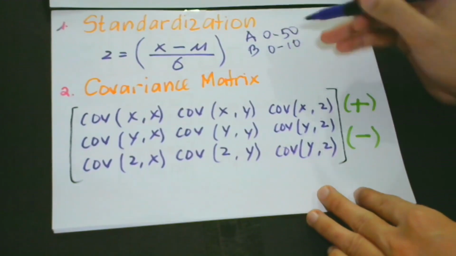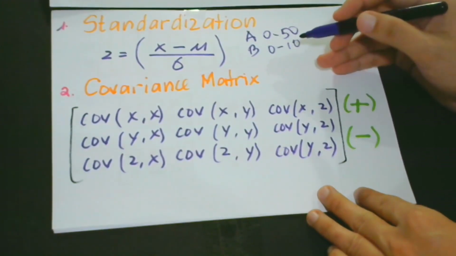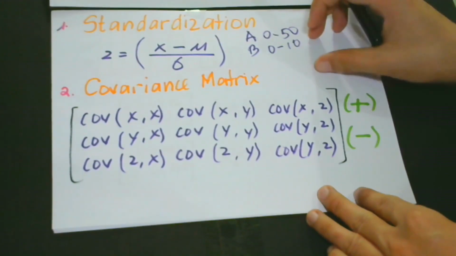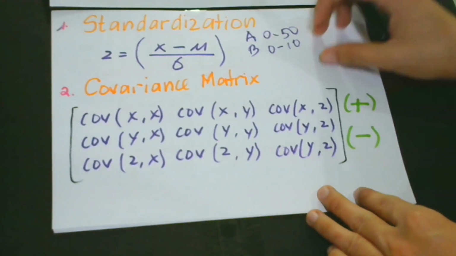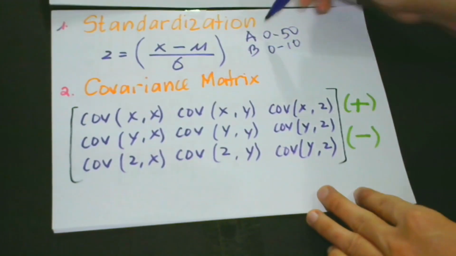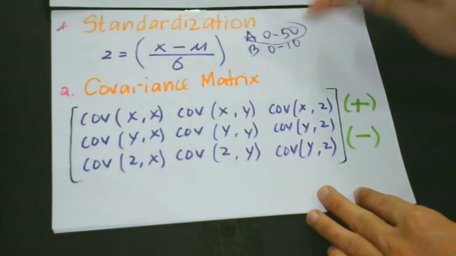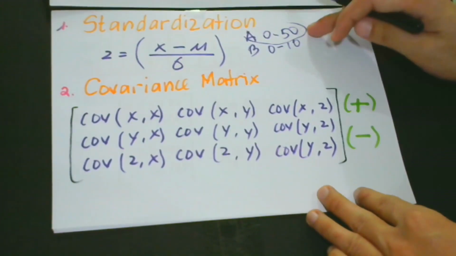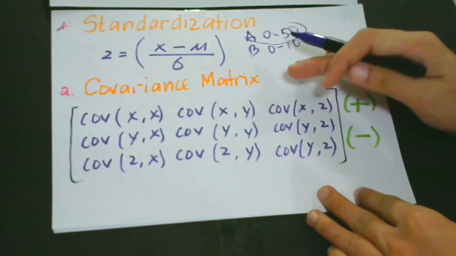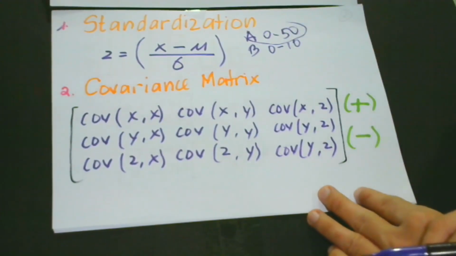Can you see the disparity of the ranges? If these ranges are to be followed, then the first variable, A in this case, will dominate the second variable and make the result biased.